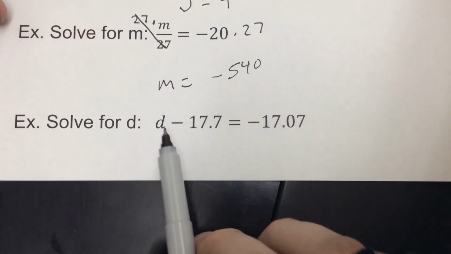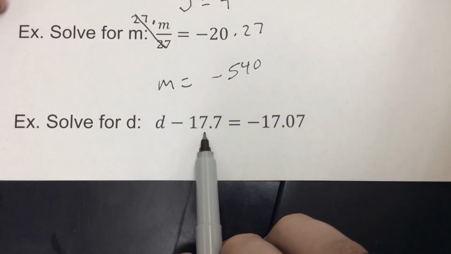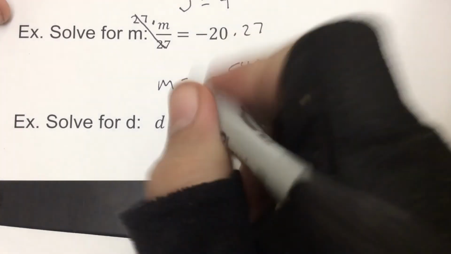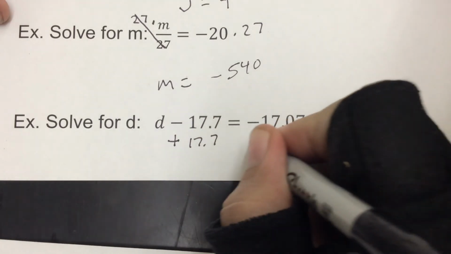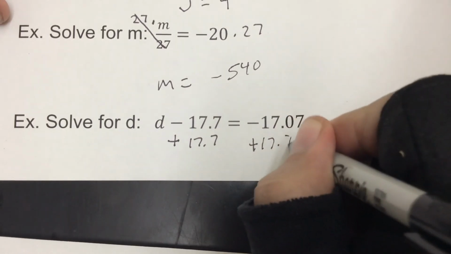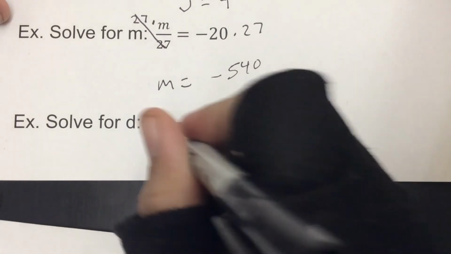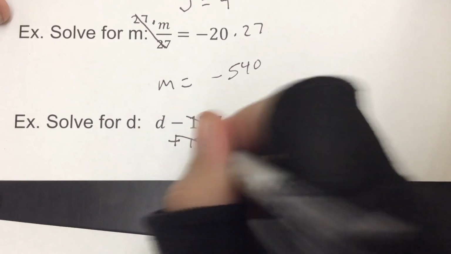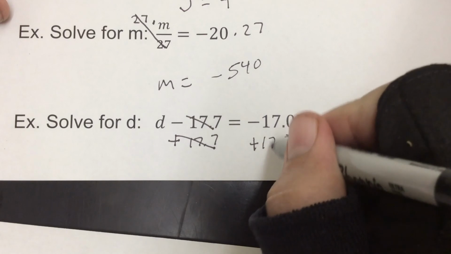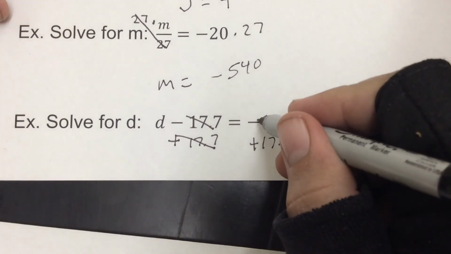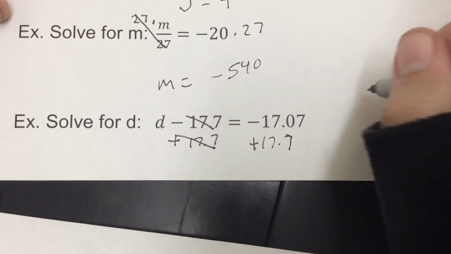So last one here, we have d minus 17.7. The opposite of subtract would be to add 17.7 and add 17.7. So this one here would cancel out, and we have d. If we add these two together, remember, bigger one gets the sign, always use subtract.